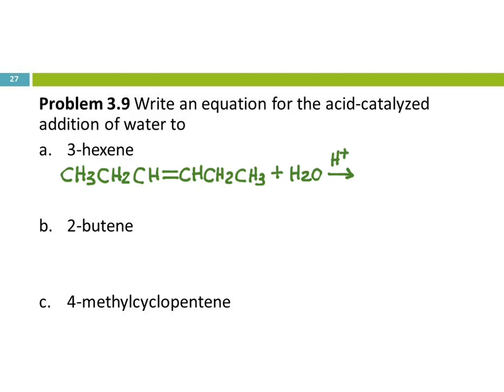What happens here is that hydrogen adds to one side and the OH adds to the other side. So this is like a ghost here. This is going to come on one of the carbons and the OH is going to go on the other one.